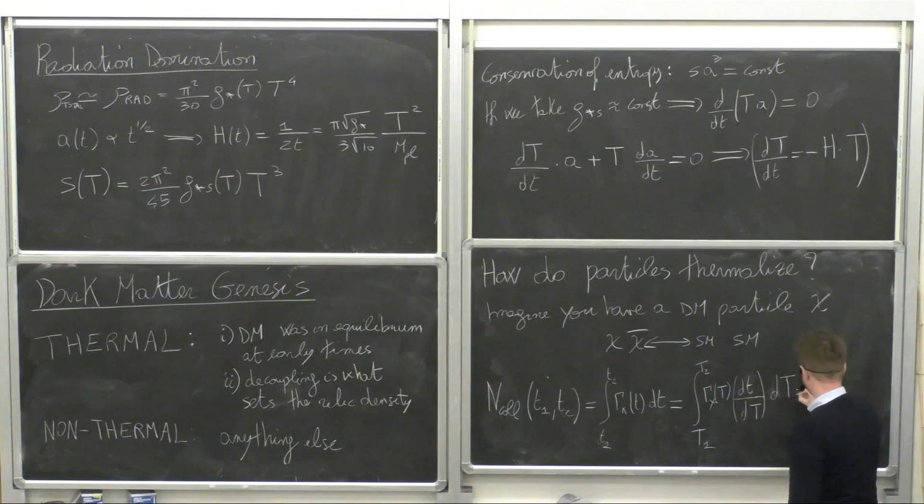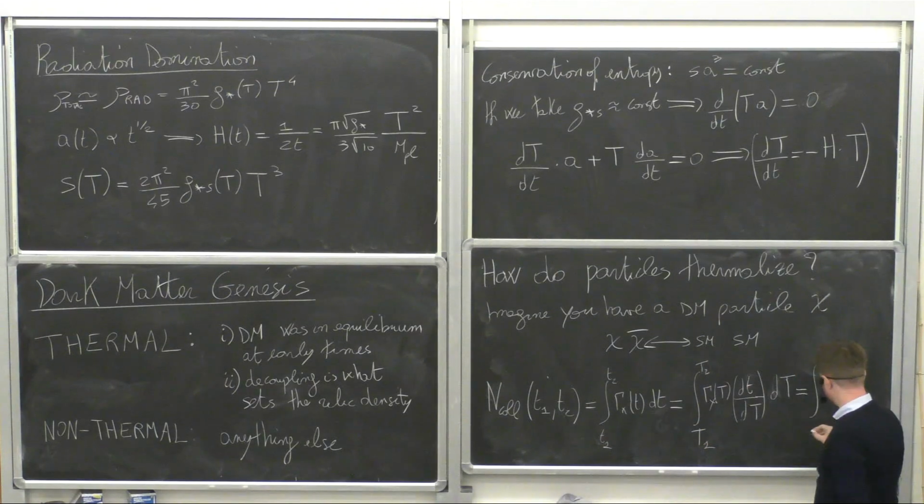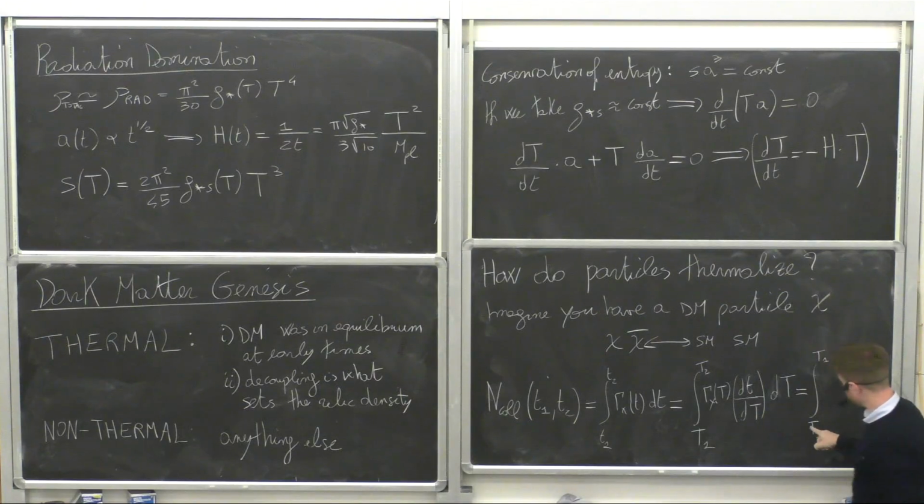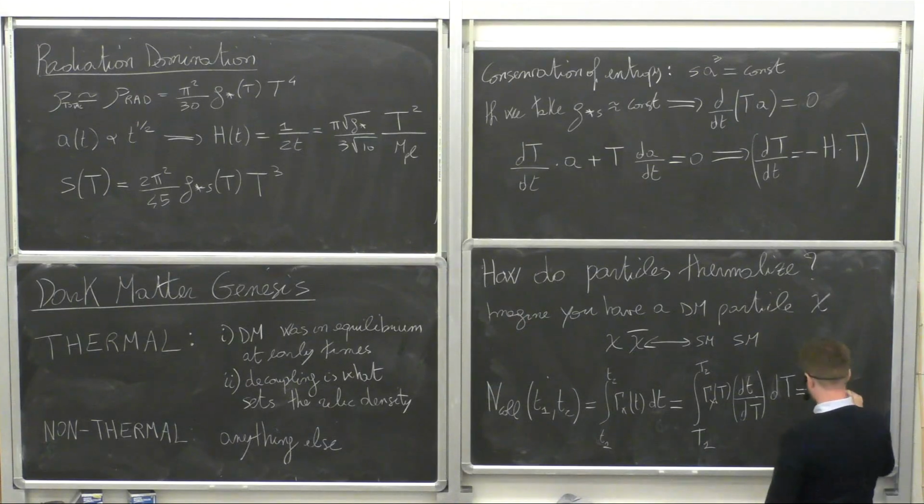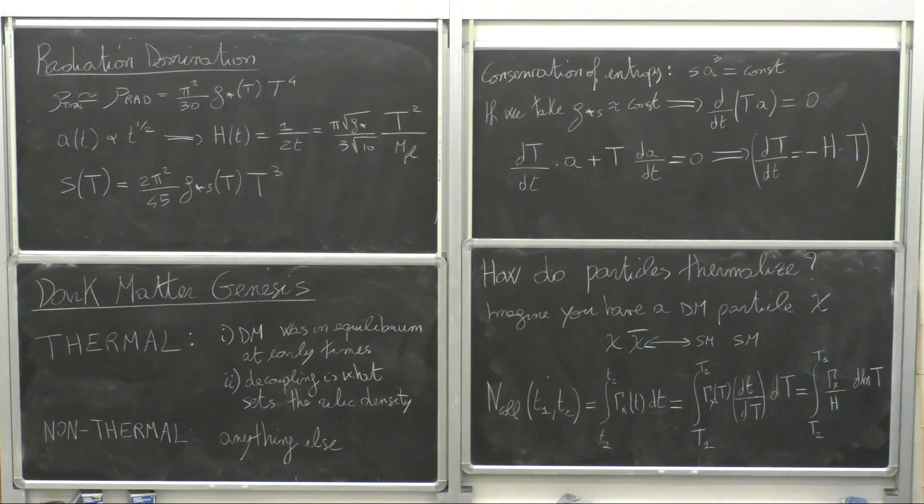So what I can do is to say, look, instead of going from T1 to T2, I integrate from T2 to T1. T2 is less than T1. The temperature later is smaller. And then I get gamma over H, d log T.